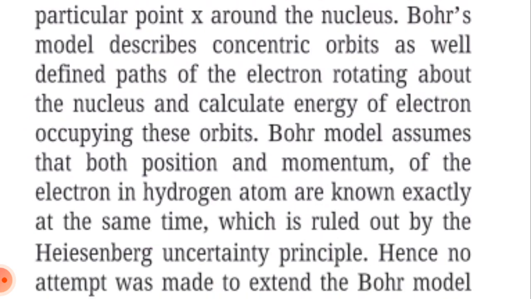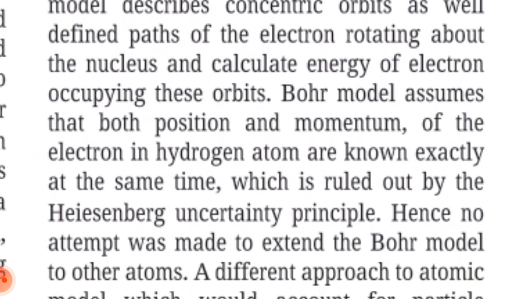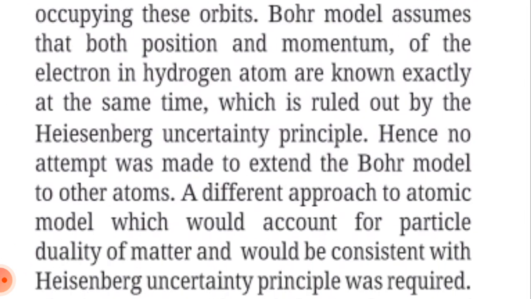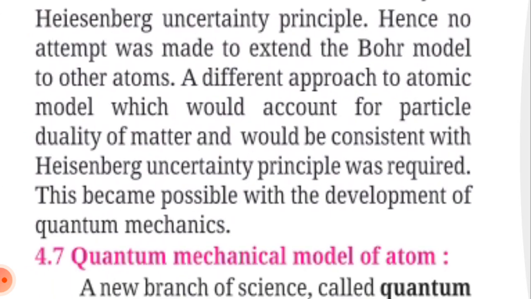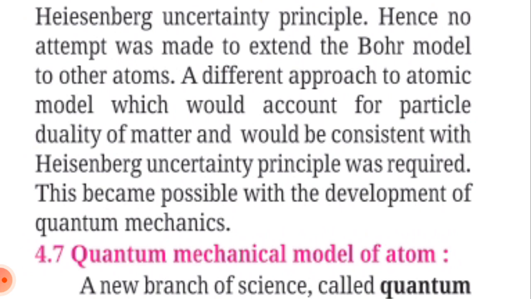Bohr's model describes concentric orbits as well-defined paths of the electron rotating about the nucleus and calculates the energy of the electron occupying these orbits. Bohr's model assumed that both position and momentum of the electron in the hydrogen atom are known exactly at the same time, which is ruled out by the Heisenberg uncertainty principle.